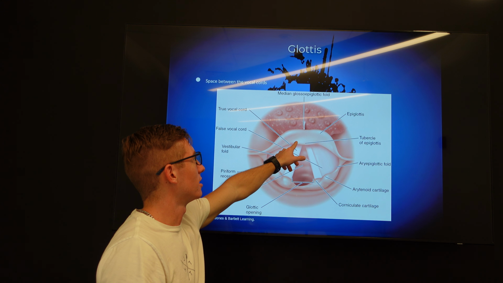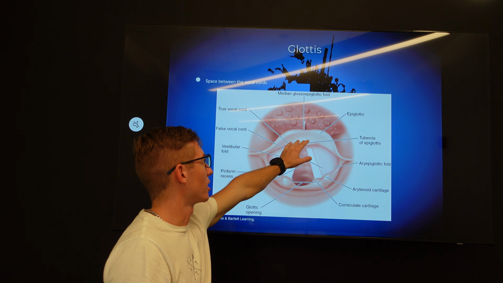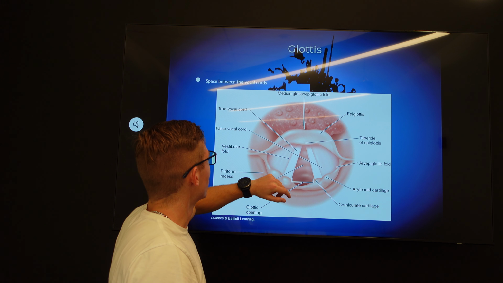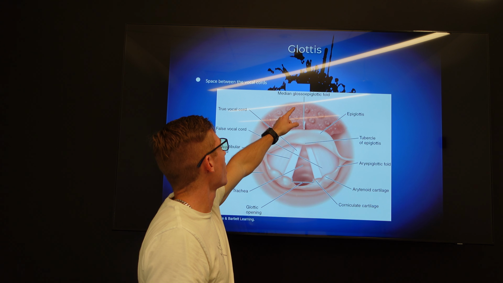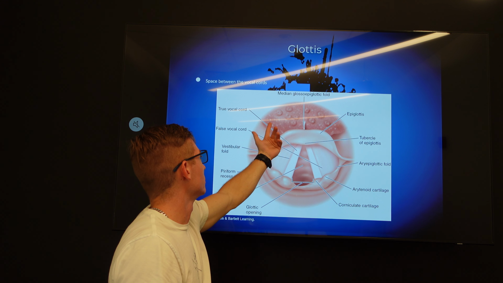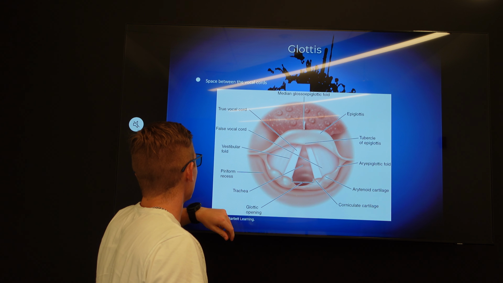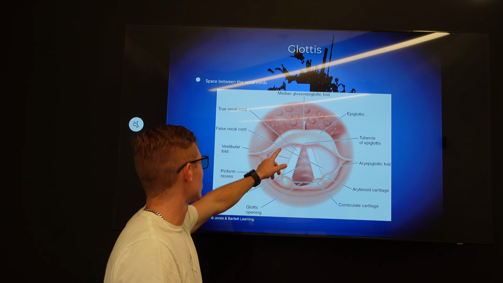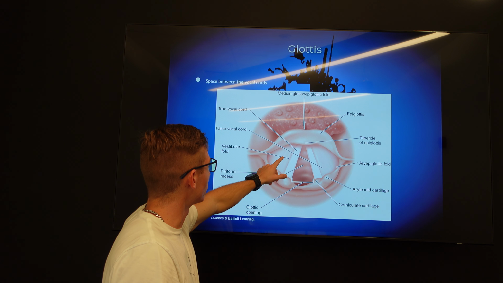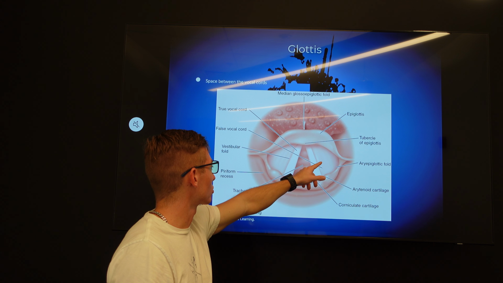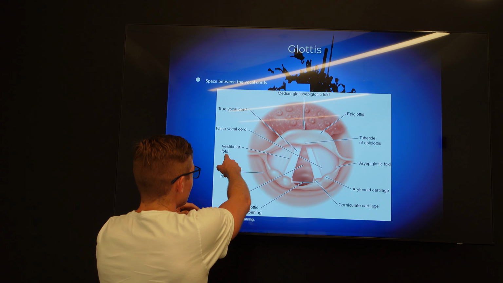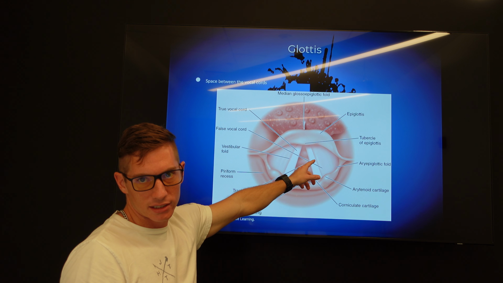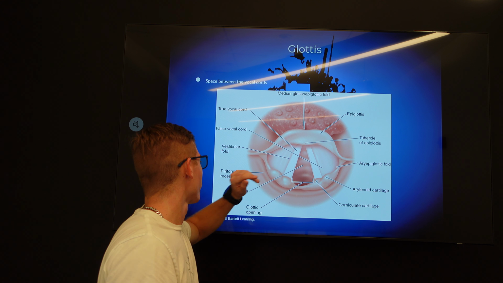Usually that's what I get as my main landmark. The median glossoepiglottic fold is some extra membrane there. Your vestibular fold is the part that is not the vocal cords, and then you have your false cords. This is a false cord. So the vestibular fold and the false cord are the same, a cord that looks like the main cord, but it's not.